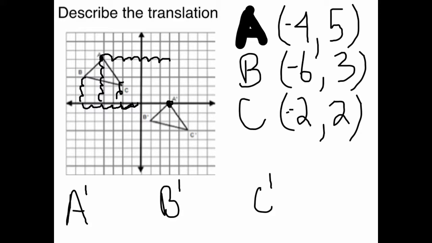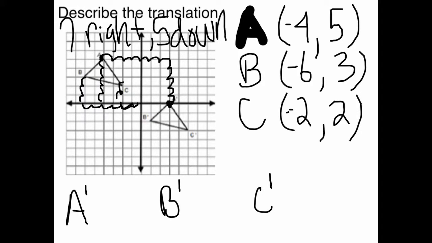Okay, so I know I'm being translated 7 to the right, and then 1, 2, 3, 4, 5 down. And my coordinate for A prime there is 3, 0. So obviously my y-coordinate doesn't exist there. It does exist, it's just at 0. Now, let's do the translation for B and see if that holds as well.